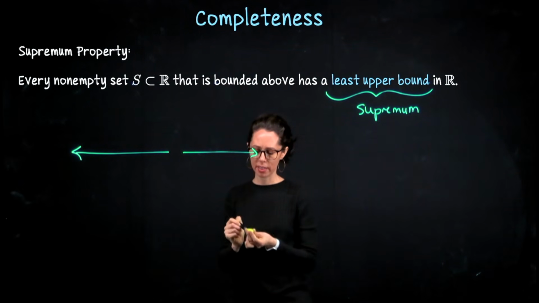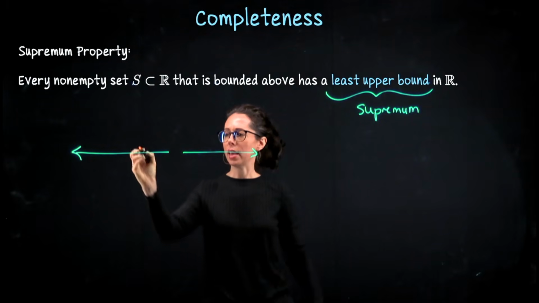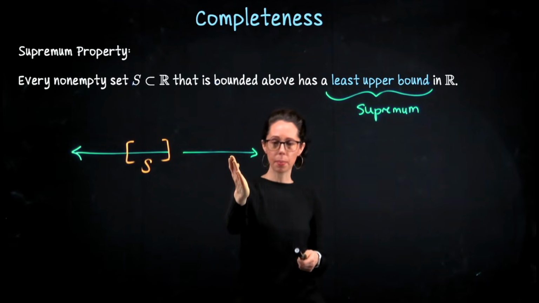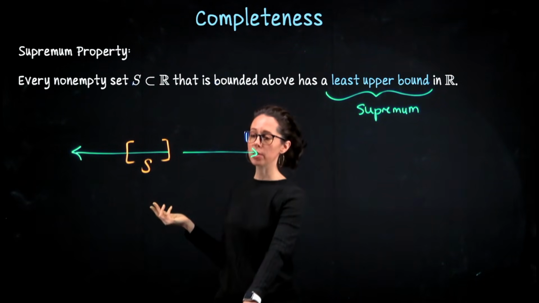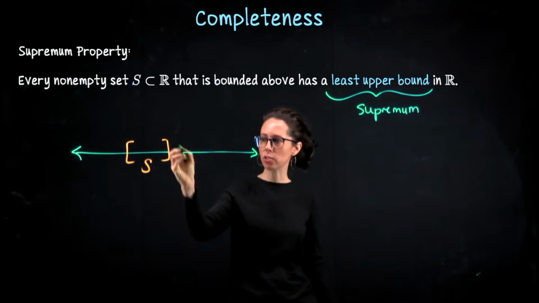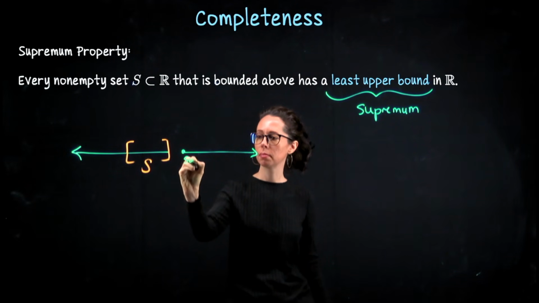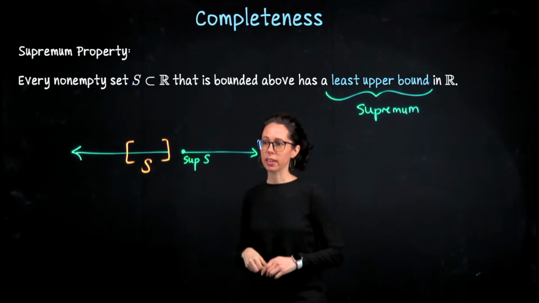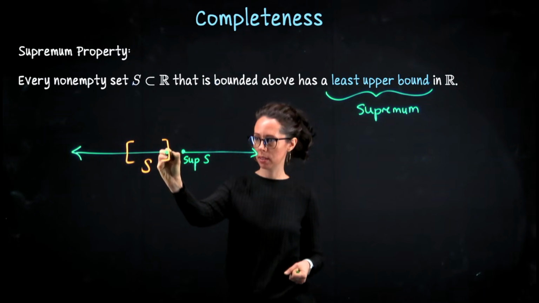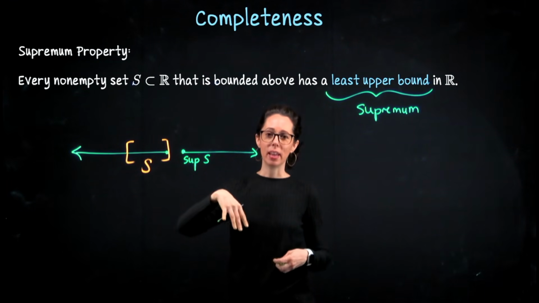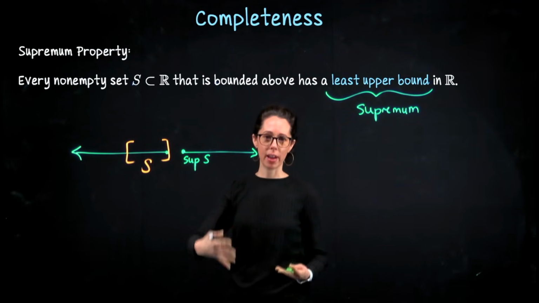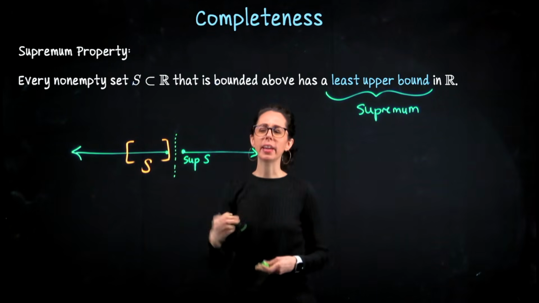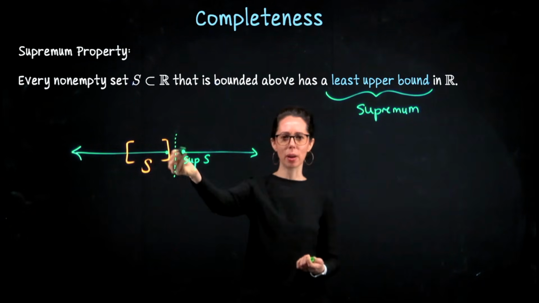Okay, imagine that my set S was, say, here. I'll just pick this set S. It has an upper bound over here. So by the supremum property, it has a least upper bound, and just the way I've drawn this picture, that should be here. But if I take this element in S and this real number, and I average them, so add them together and divide by 2, by closure, that should produce a real number, and it would land somewhere here, but I'm claiming by my picture that there are no real numbers there.